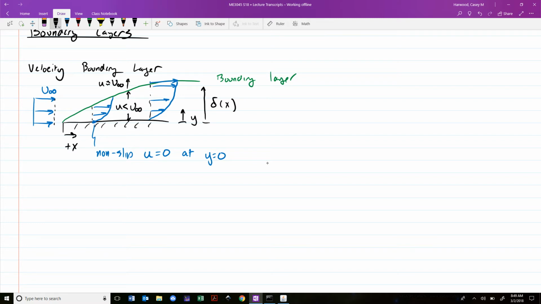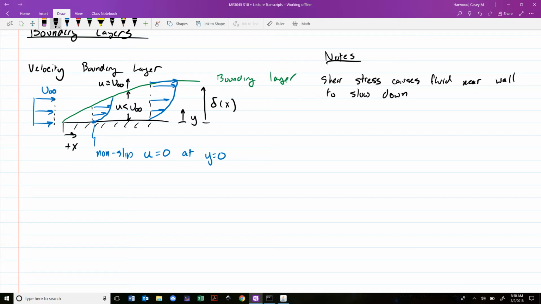So some kind of summary notes here. Shear stress causes fluid near the wall to slow down.